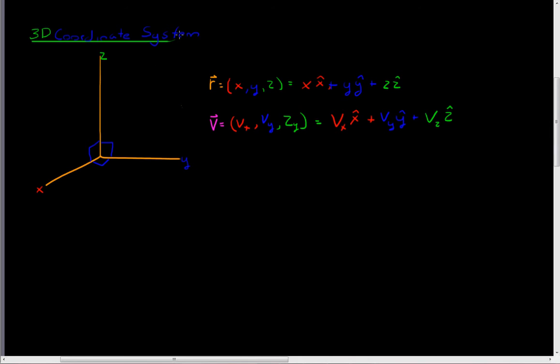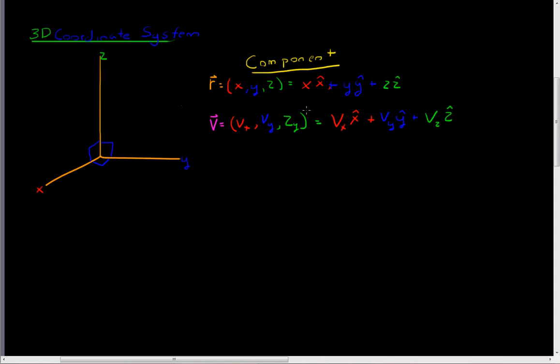This is called component form. This is component form of the position vector and the velocity vector.